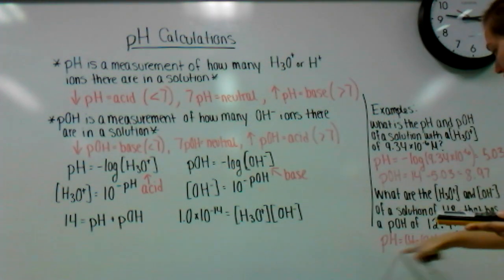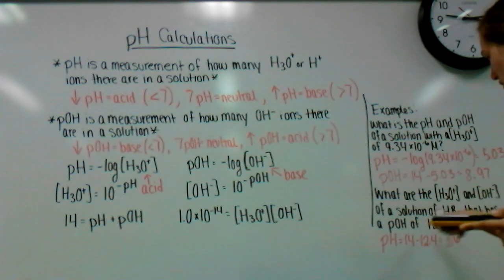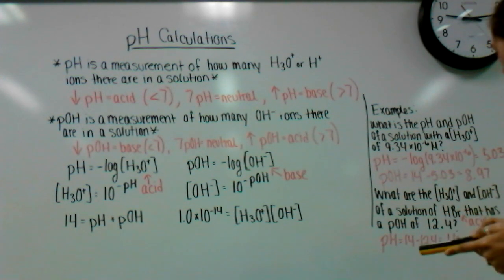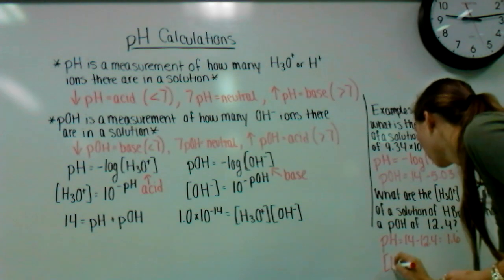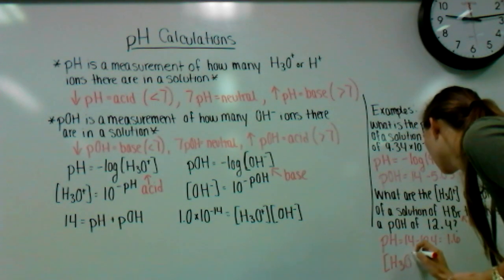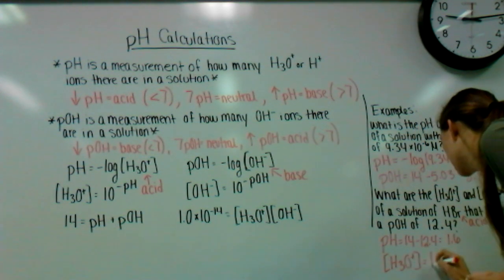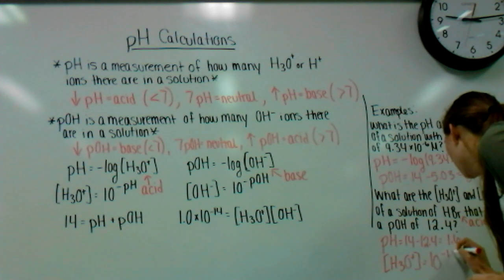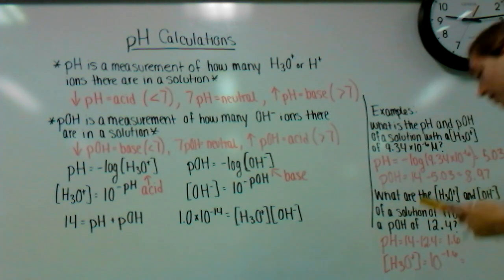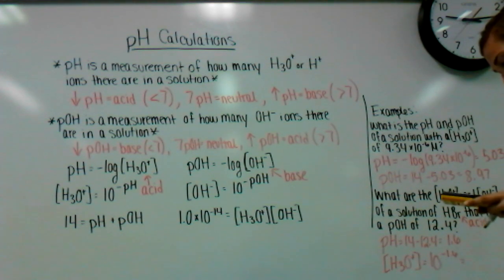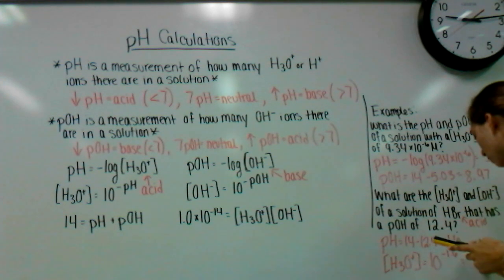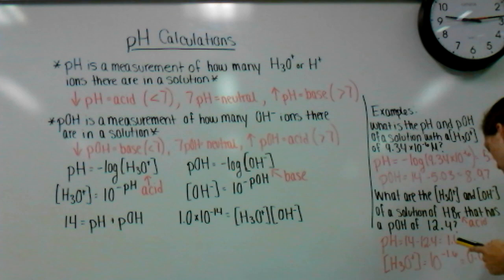So now all we have to do is raise 10 to the exponent of our pH and our pOH to solve for each. For hydronium, we're going to use 10 raised to the negative 1.6. That's going to equal 0.025 molar.